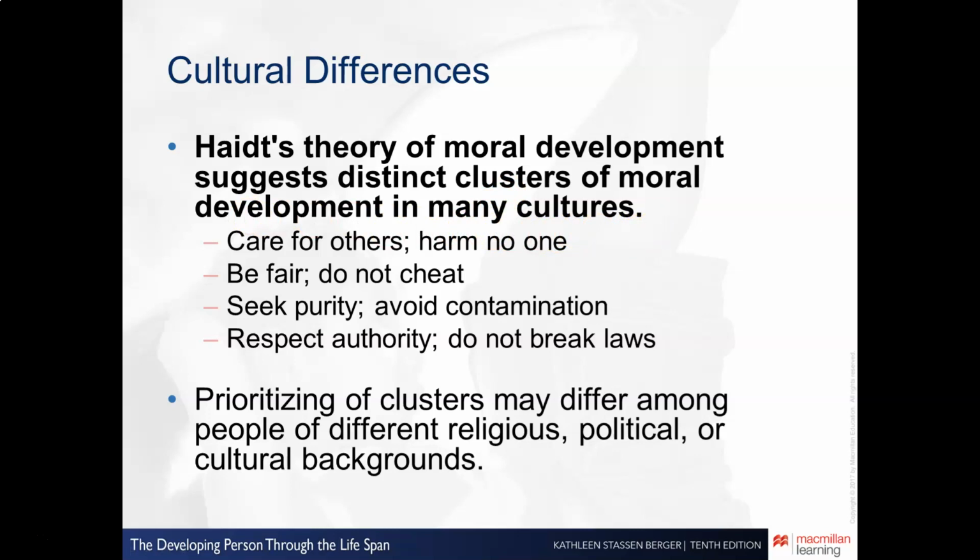All that refers to is that moral development might occur in clusters, like all types of moral development might occur simultaneously. Things like caring for others, harm no one, be fair, seek purity, respect authority, all those might occur in a cluster instead of just one thing at a time. This researcher proposed that.